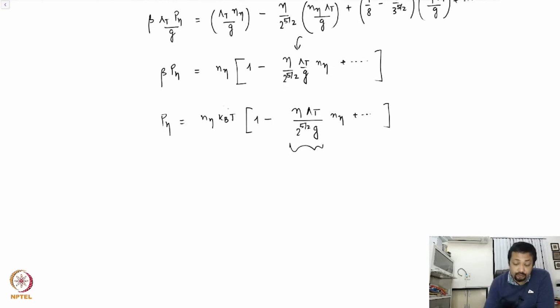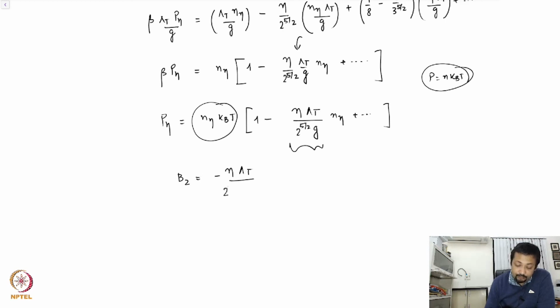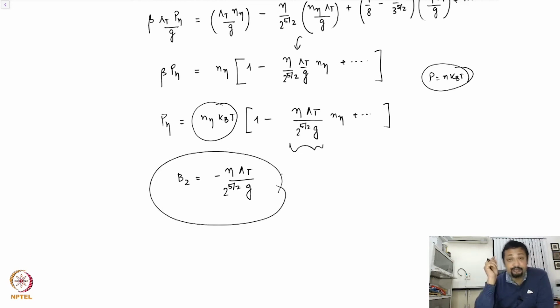It's a correction over the ideal gas equation P is equal to n kBT, and that correction B2 is minus eta lambda t over 2 to the power 5 by 2 g. It's an identical correction that we obtained in the canonical ensemble when we did this using the canonical ensemble, except that there's an additional factor of g which we could have also taken care of there, but we did not. Now we have done it explicitly in this case.